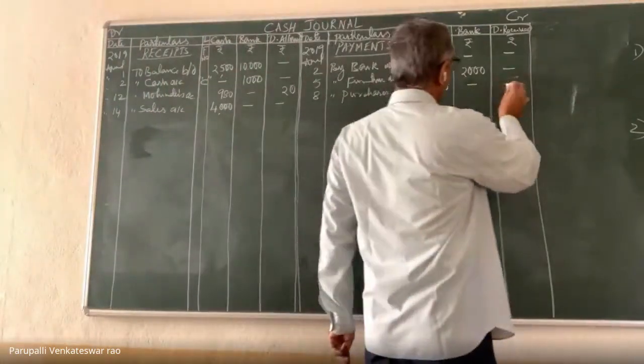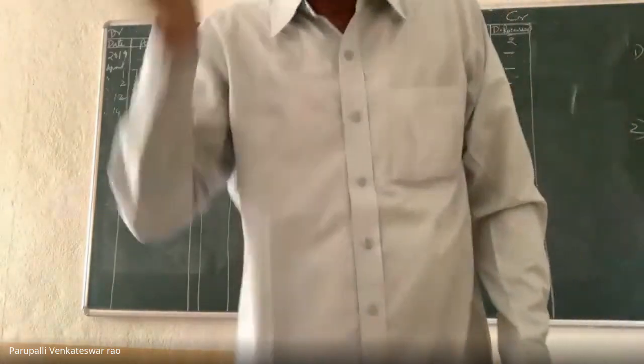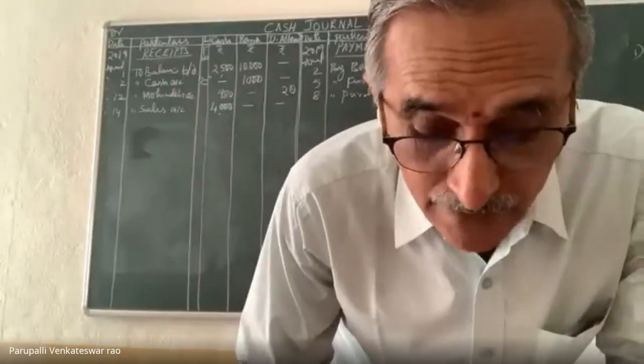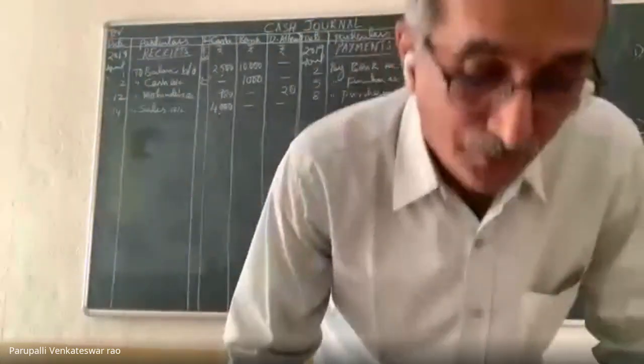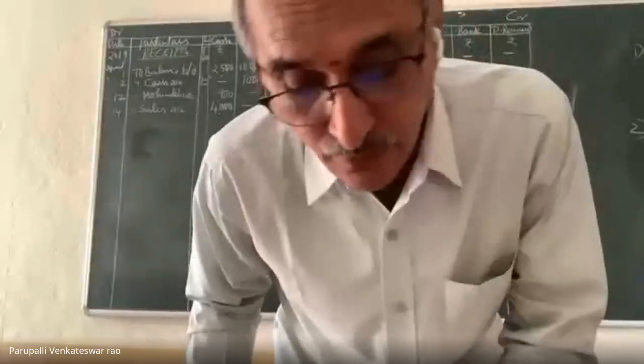What is next? Next after this, paid to Amarnath by check 1450 and 50 rupees discount allowed by Amarnath. Payment or receipt? Payment, sir.